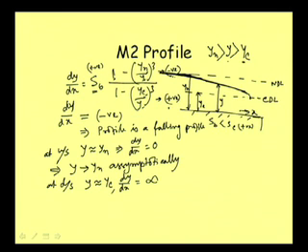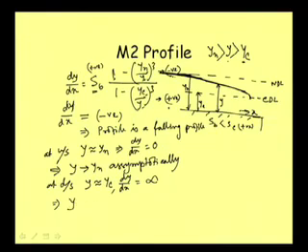So that is how we can define the characteristic of the M2 profile at downstream. This implies that y tends to become yc, or rather we can write that the profile meets the CDL line, the critical depth line, normally.